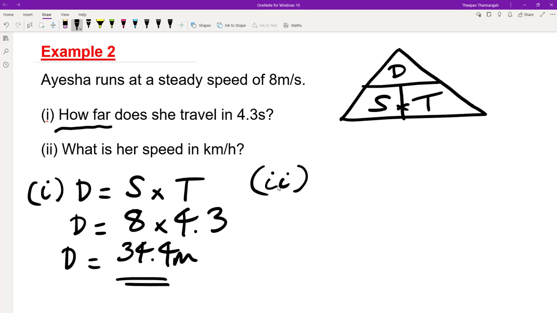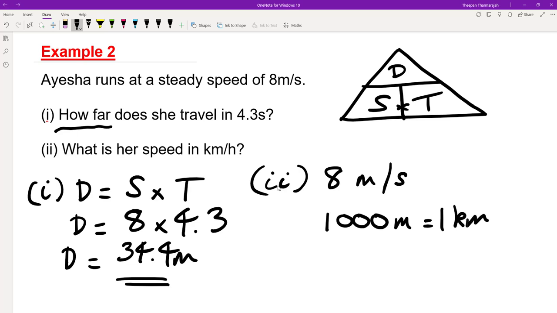For the next part, we need to be careful here. It's asking for the speed in kilometers per hour. So if I write down her speed in meters per second, this is in meters. So first of all, there are 1,000 meters in 1 kilometer. So if we're going to convert from meters to kilometers, we're going to divide by 1,000.